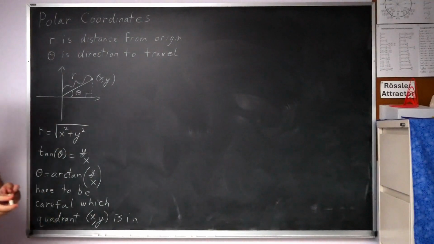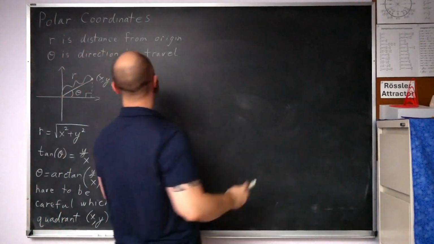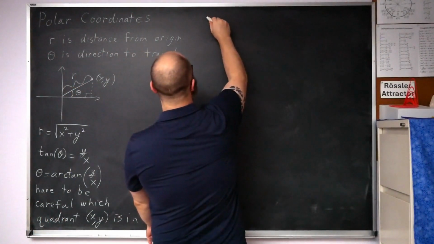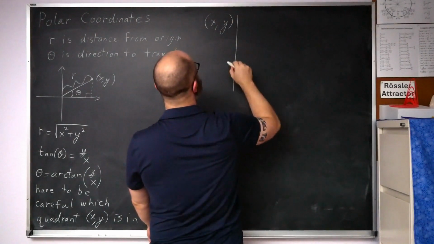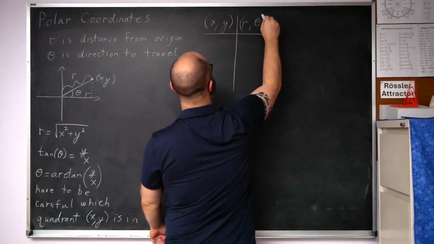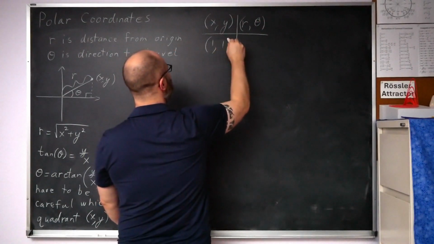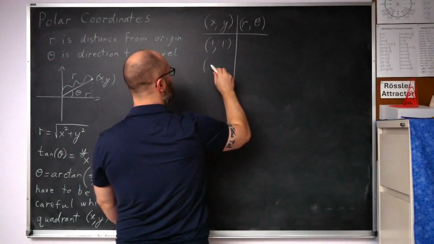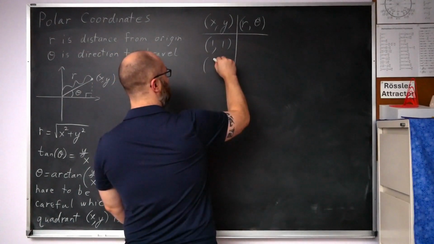All right, so let's do an example of why you have to be careful with that, just as a reminder. Let's say I've got 4 points, x comma y, and over here is going to be r comma theta. I'm going to do 1 comma 1, and let me just draw them out.